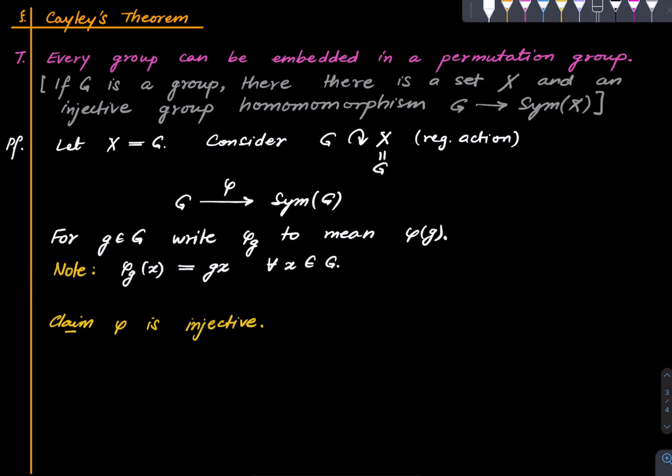And now we claim that phi is injective. So since phi is a group homomorphism, we just need to find out the kernel of phi. So this is the proof of the claim. Let g be in the kernel of phi.